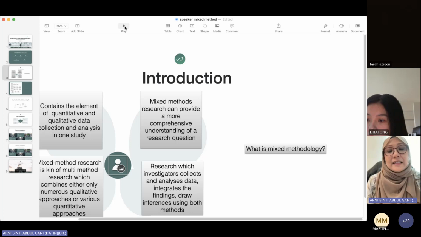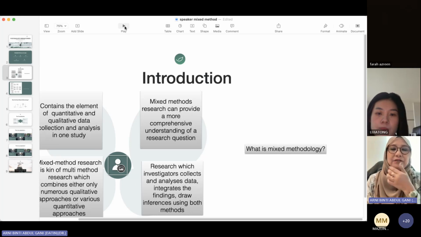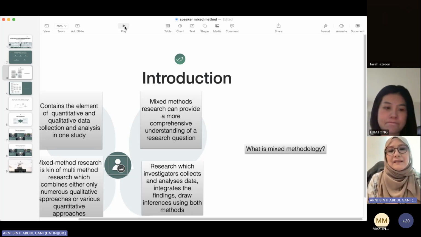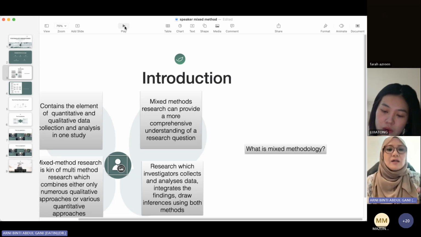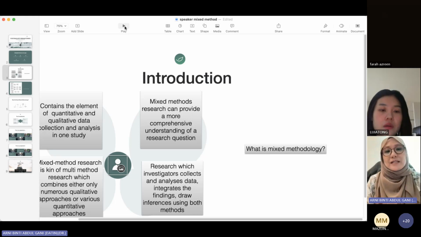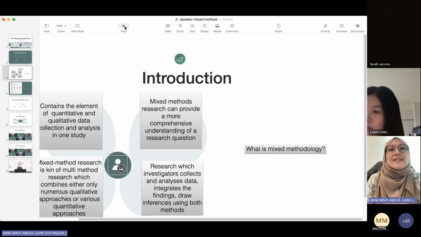Mixed method is actually akin, sort of like a sister, to multi-method. Maybe we are not really familiar with multi-method, but multi-method is where you combine either numerous qualitative approaches or various quantitative approaches in one study.